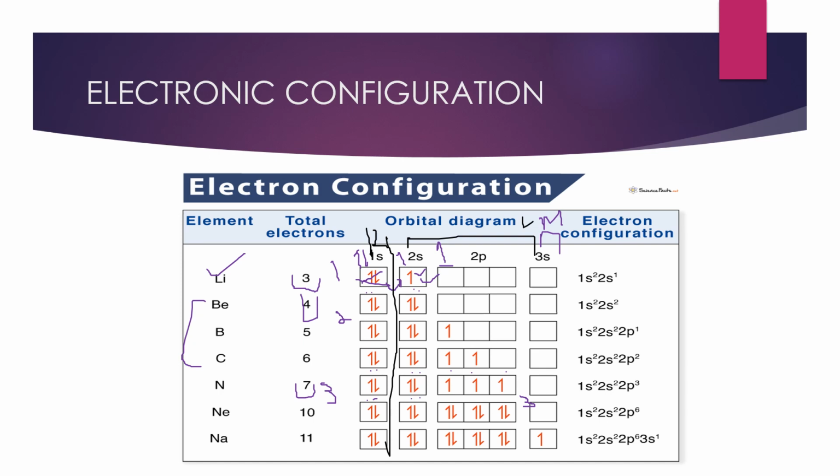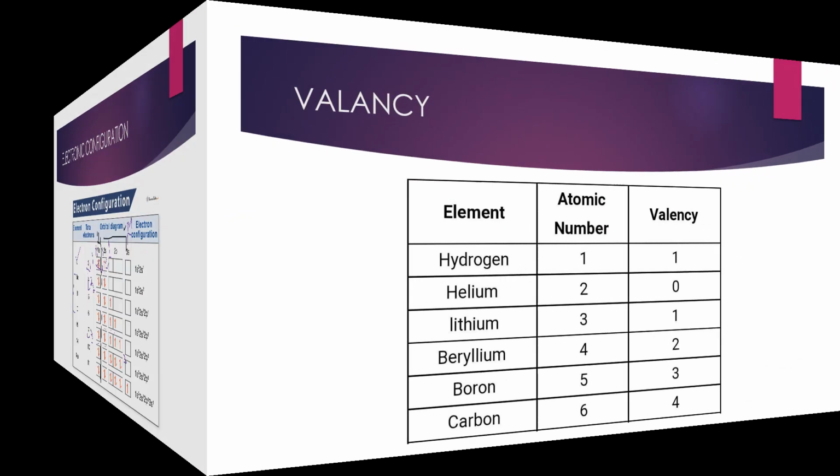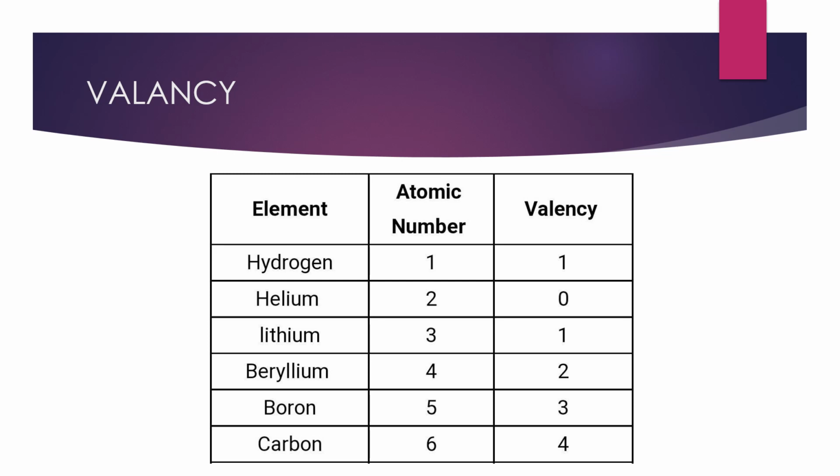After that, as I told you, beryllium has a valency of 2, but according to the electronic configuration, its valency isn't. So how? Let me tell you. This is a proof of that. As you know, we just made the valency of lithium 1.